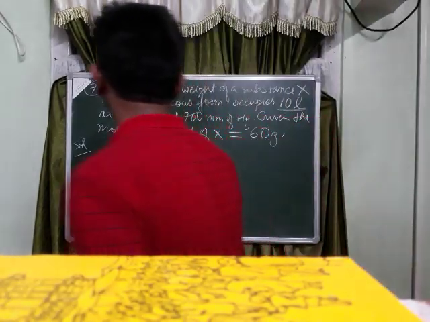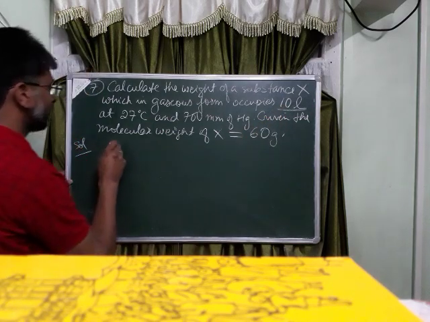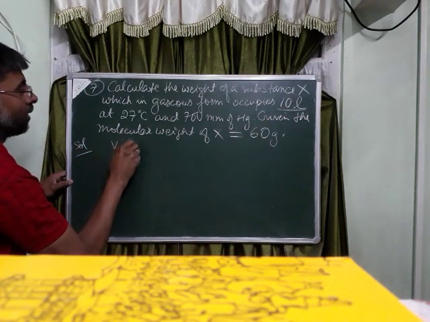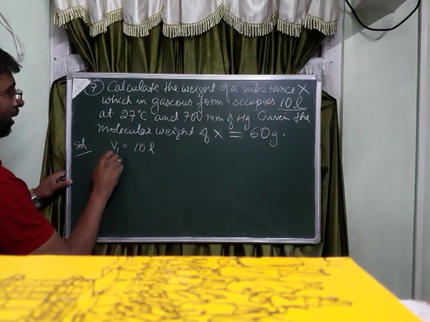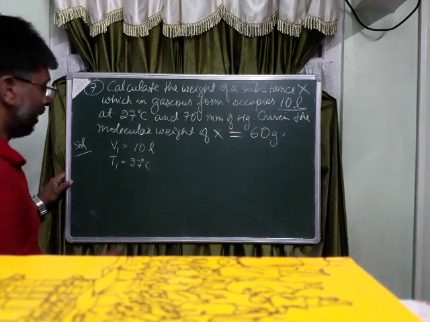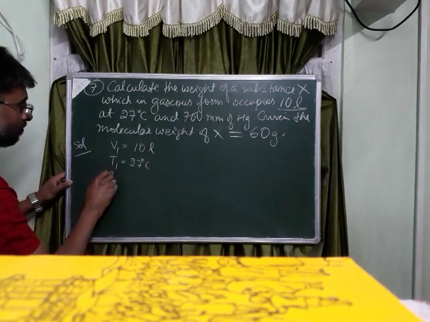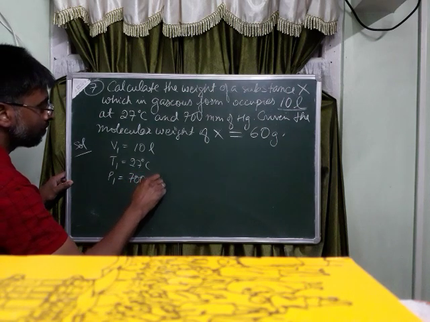So what I will do is, I will write down this volume as V1, 10 liters, this temperature T1, 27 degrees Celsius, and the pressure is P1, that is 700 millimeter of mercury.